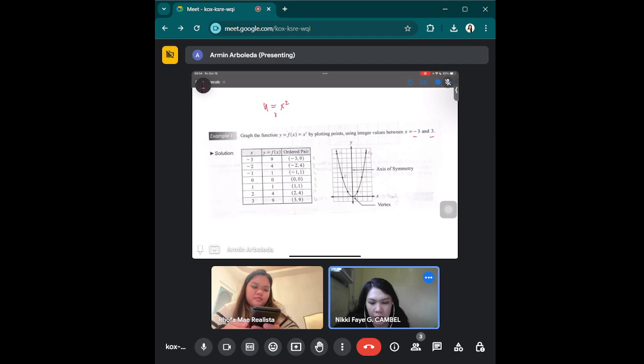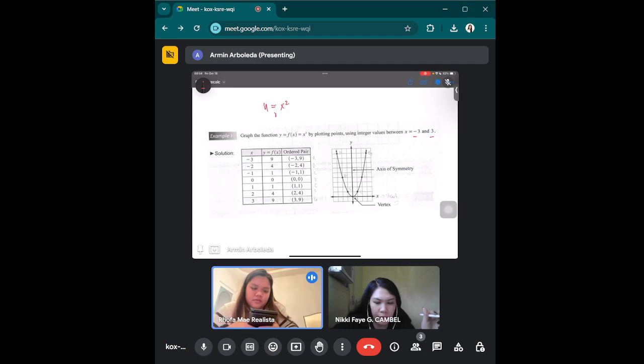Opo. Okay. So then you also have to input your x. Your x is beside the y. The parenthesis na button. Opo. And then you have to square it, which is what? Yung x squared. Naka-square na ba?